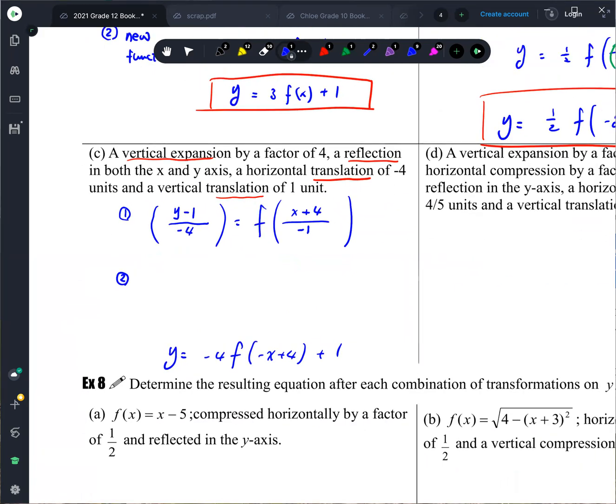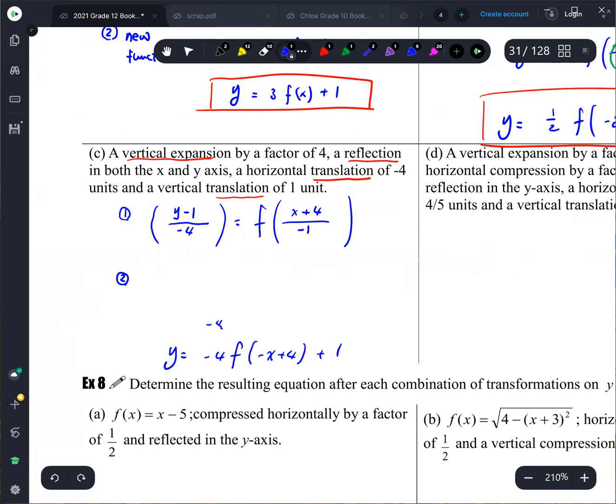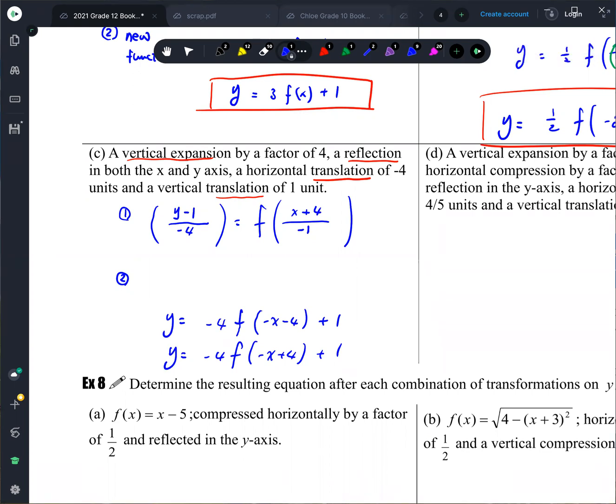I got y equals -4f and then bracket -x minus 4 bracket plus 1. Okay, -4f. Sorry, it's lacking a bit. Okay, -x minus 4. Is that what you said? Yeah. Okay, so should it be -4 or +4 there? Okay, raise your hand when you finished.